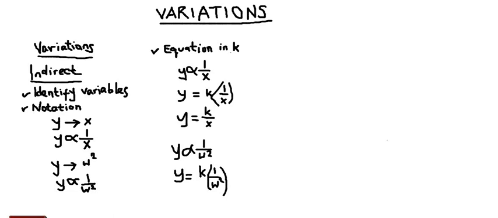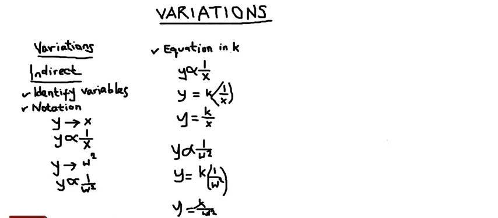So this can be written as y is equal to k over w squared. So that is how we get the equation in K.